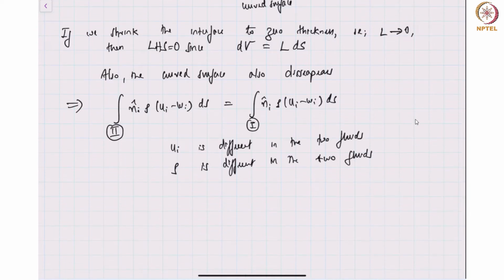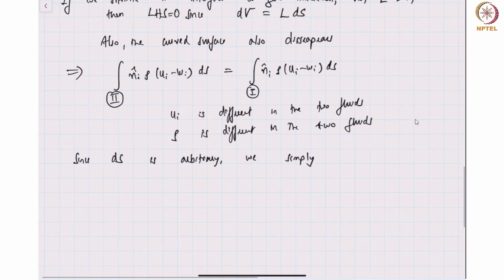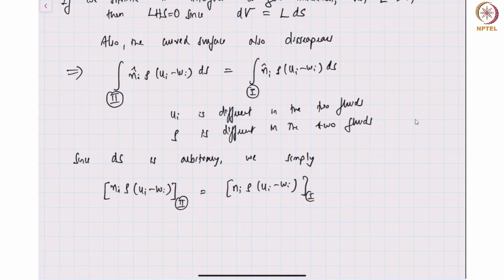Since dS is arbitrary, we can directly equate the integrands. We have n_i rho (u_i minus w_i) over region 2 equal to n_i rho (u_i minus w_i) over region 1.